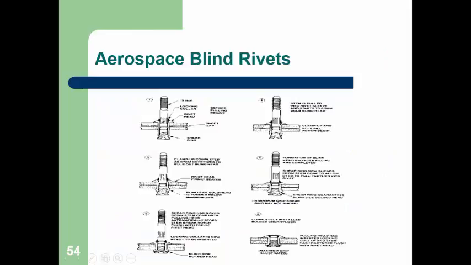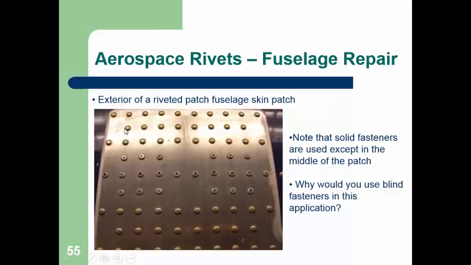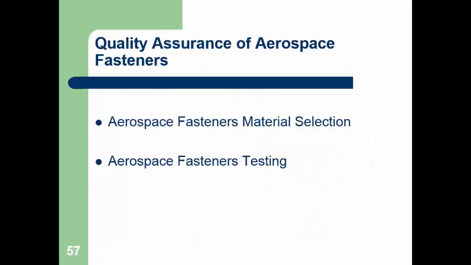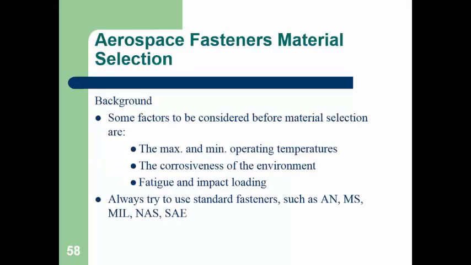You insert it from one side and then remove the head of the rivet from the same side. So it's a one-person operation from one side of the two substrates. Some applications for blind rivets.